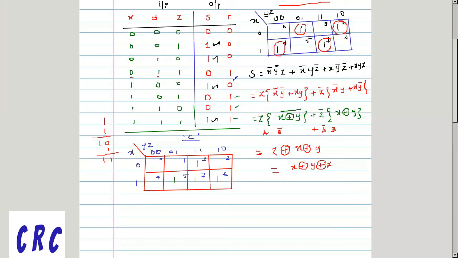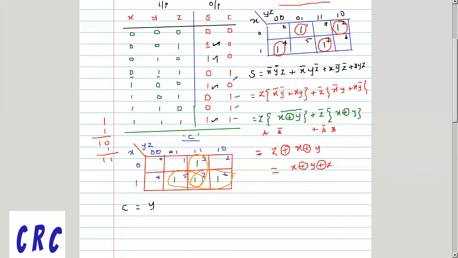Now I'm looking at the ways I can do the grouping. There are 3 groupings possible, each with 2 elements. 5 and 7 is one group, 6 and 7 can be the other group, and 3 and 7 can be the other group. Now if I write the reduced expression, C is going to be, consider the group with elements 3 and 7.